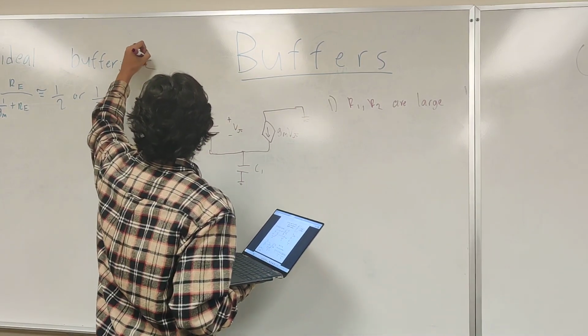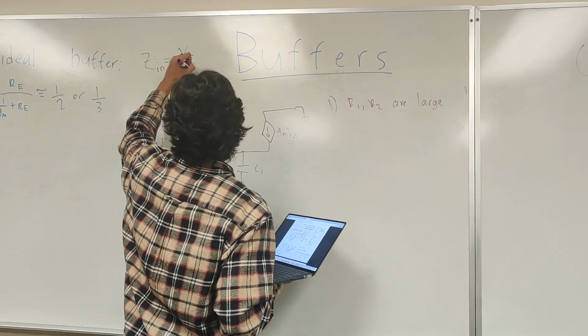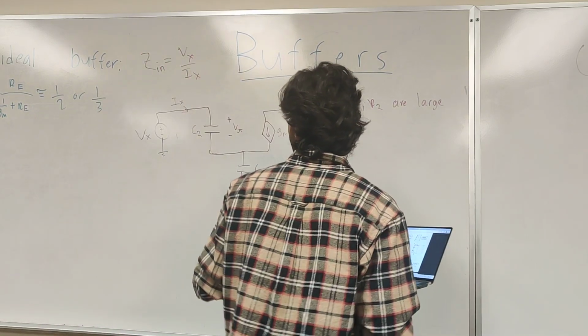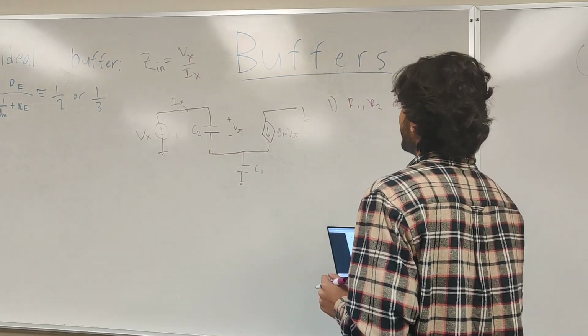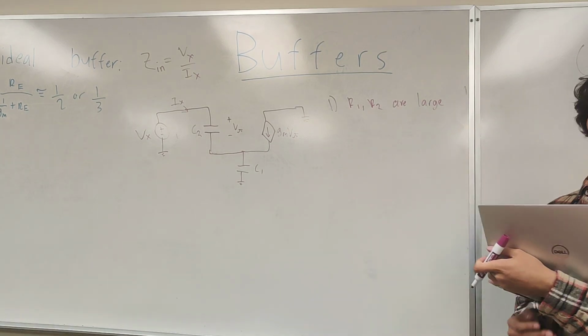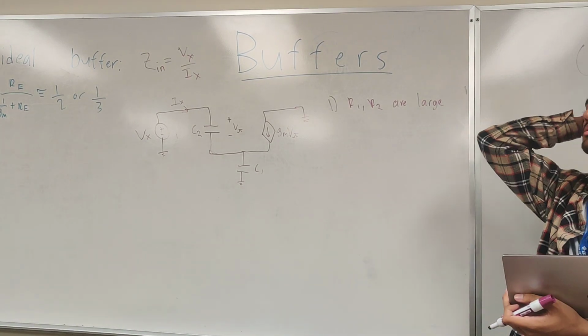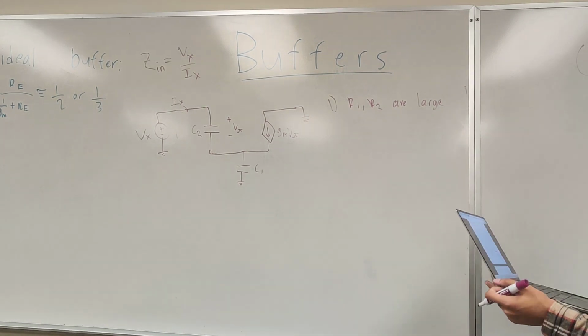Now we want Zin equals Vx over Ix, and we want to solve for all of this. I'm going to write down a lot of equations, and for those of you who are familiar with the Laplace transform, we're just going to be representing the impedance of these capacitors in the Laplace domain.